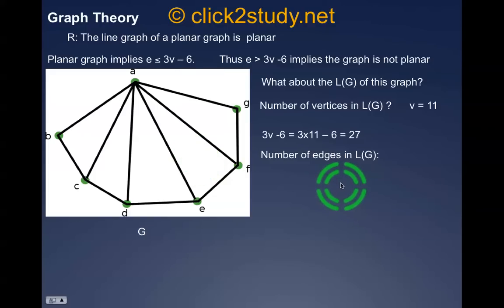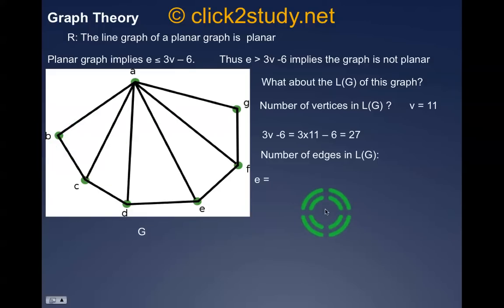If you remember point 2 from the definition of line graphs, there is an edge between two vertices in LG if their corresponding edges have a common vertex in the original graph G. So the vertex corresponding to AB and the vertex corresponding to BC will have an edge between them, because they share this vertex B.